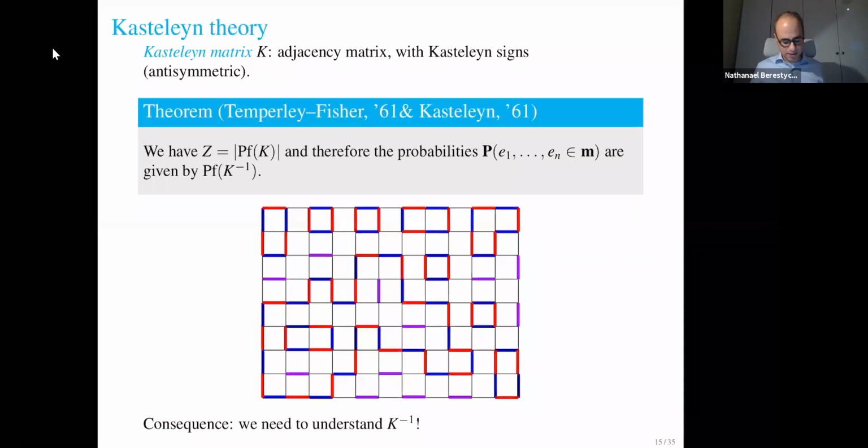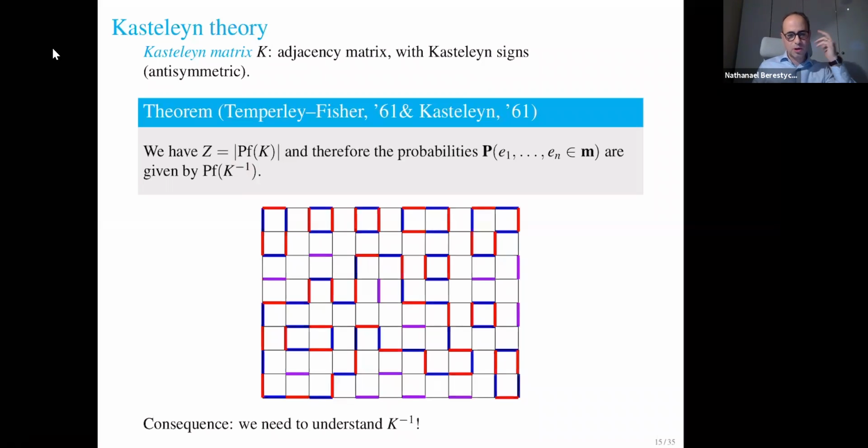So in the uniform case, the number of dimer configurations is counted by the absolute value of a number called the Pfaffian of the matrix K. The Pfaffian is a variant of the determinant. I'm not going to define it, but I'll say a word about where the result comes from.